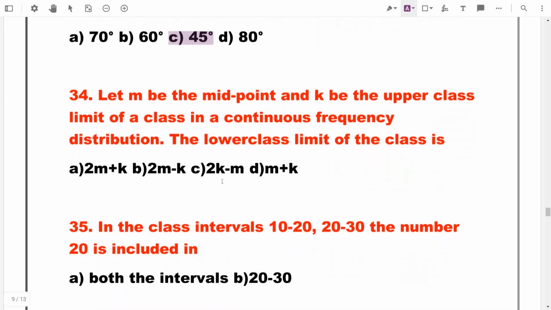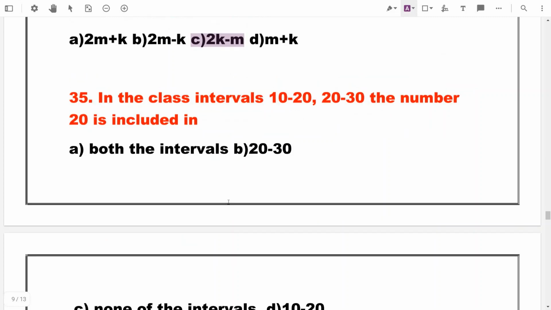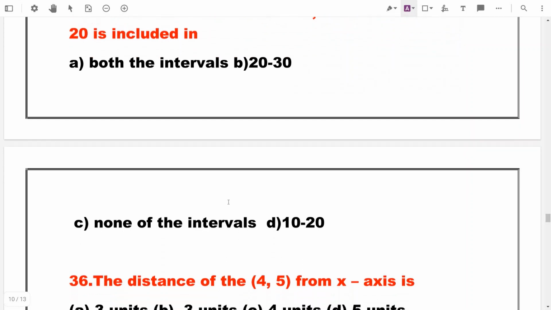34th question, let M be the midpoint and K be the upper class limit of a class in a continuous frequency distribution. Lower class limit of the class is, options are 2M plus K, 2M minus K, 2K minus M, M plus K. Answer C, 2K minus M. 35th question, in the class intervals 10 to 20, 20 to 30, the number 20 is included in, options are both the intervals, 20 to 30, none of the intervals, 10 to 20.